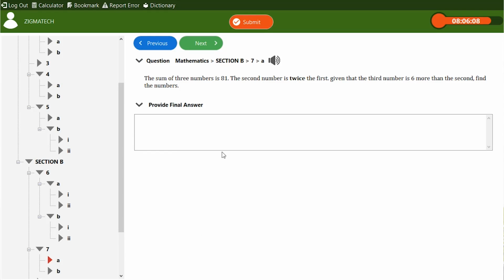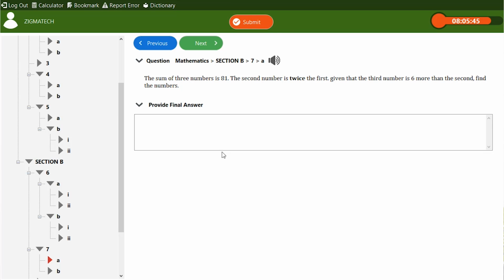To do this, just take your time. Sum means addition. The sum of three numbers. Do we know these numbers? We don't know, of course. Now, let me assume the numbers are A, B, C, or I can assume the numbers are X, Y, Z. No issue. It's all about choice.